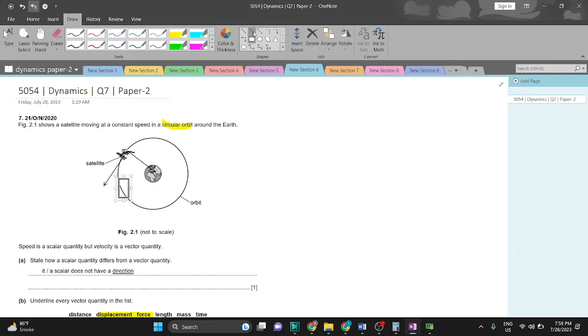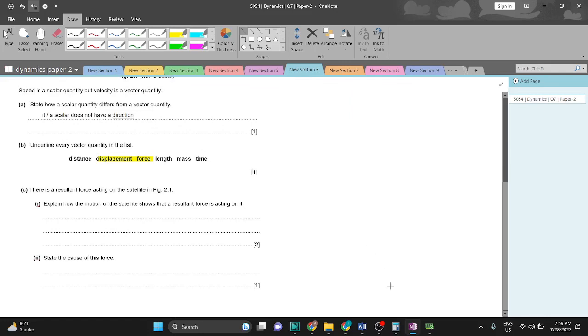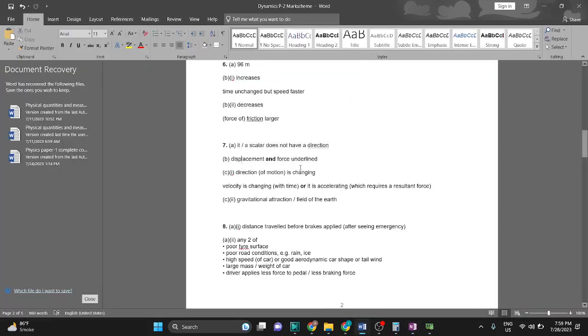For example, this is a satellite, and now its velocity will be in this direction. So the velocity is constantly changing direction. That means the velocity is changing, and when the velocity is changing, that implies there is an acceleration. And when there is an acceleration, that means there is a resultant force, and that resultant force is always towards the center, and we call this centripetal force. Okay?